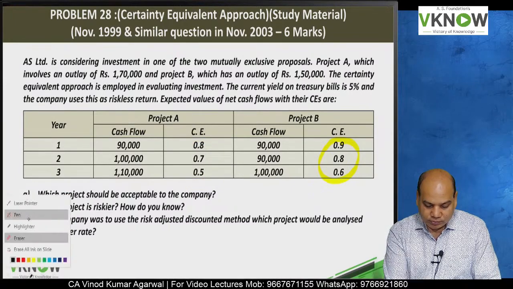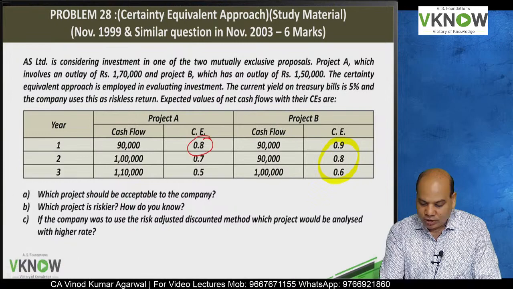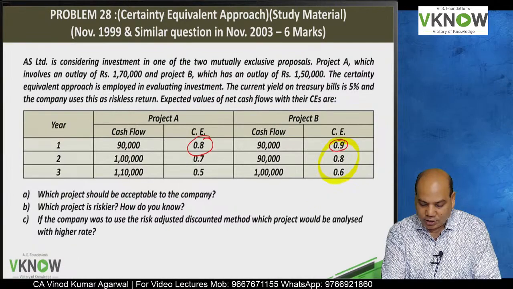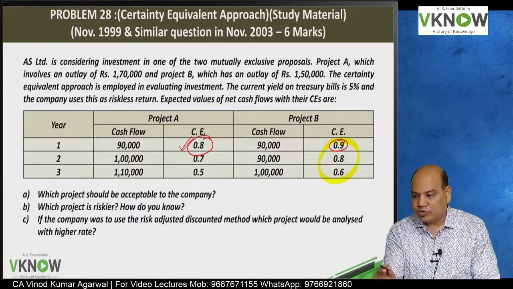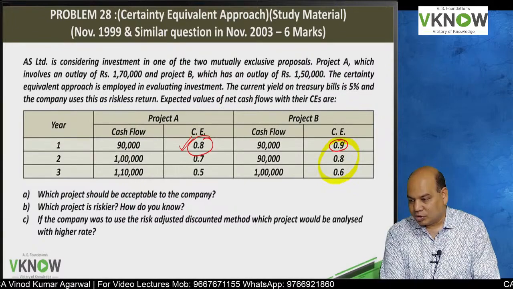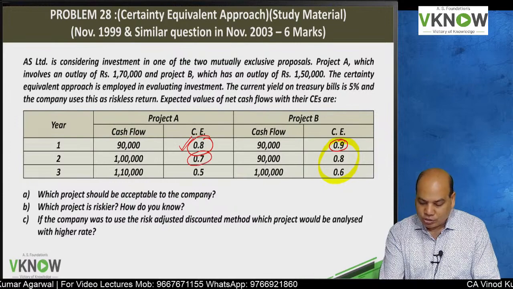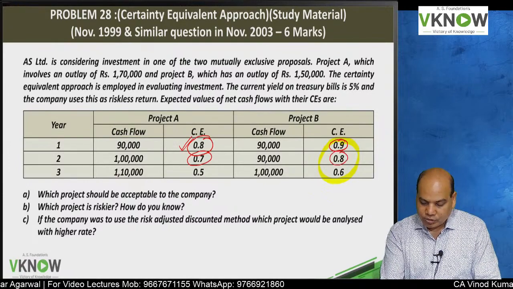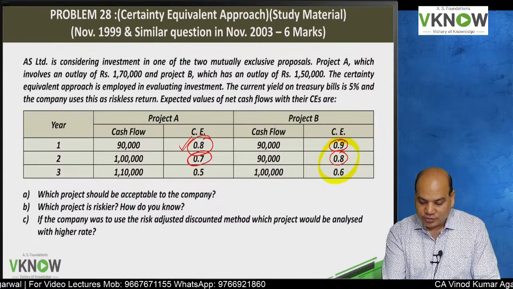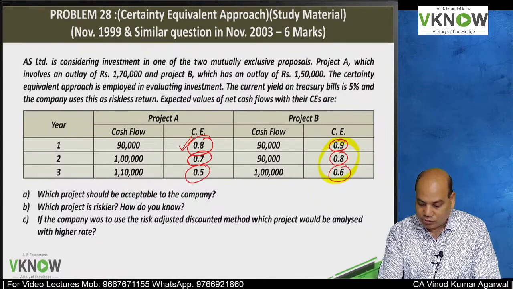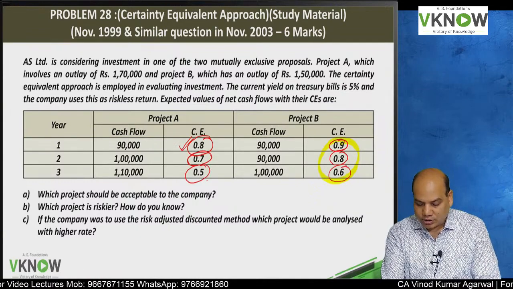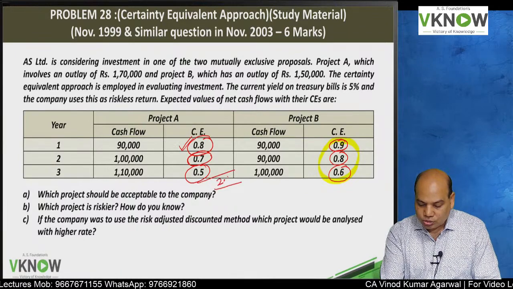Now you see, this is 0.8, this is 0.9. Year 1 cash flow is riskier than project B because CC is lower. Same thing for year 2 also. Lower CC, higher risk. Same thing for year 3 also. Or other way to compare is to take their total. This total is 2.0.